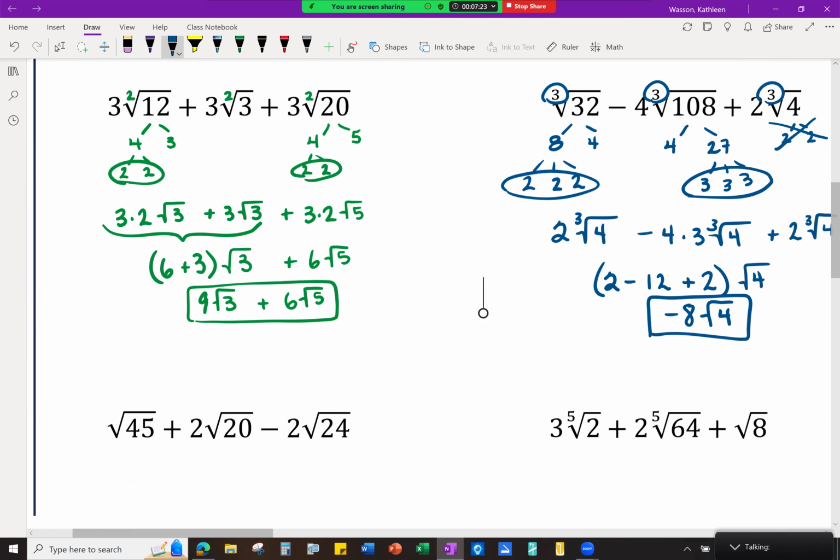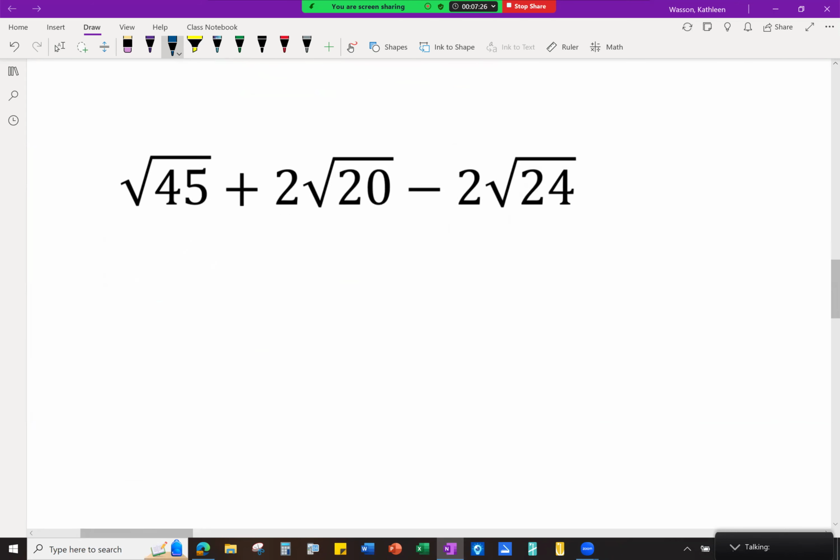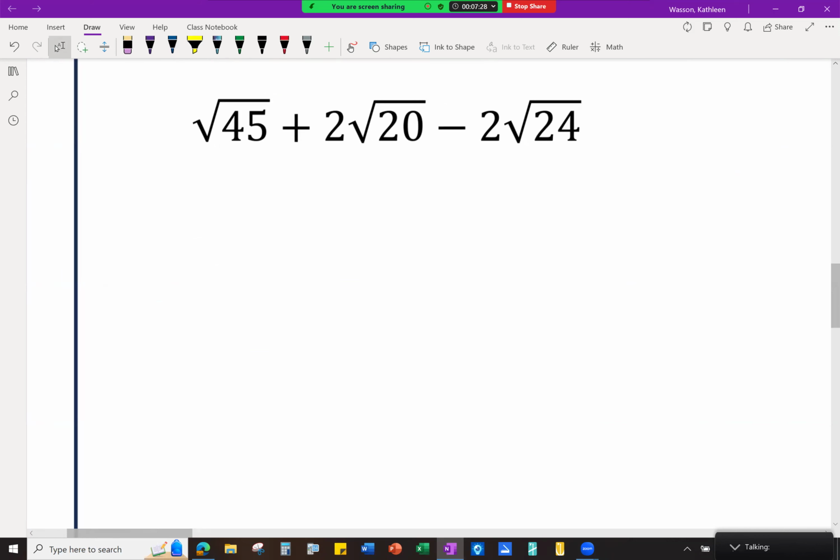You have another one. 45. These are all square roots, so now my index is 2. Square root 45. 45 is 9 times 5. 9 is 3 times 3. So I can write square root 45 as 3 square root 5.